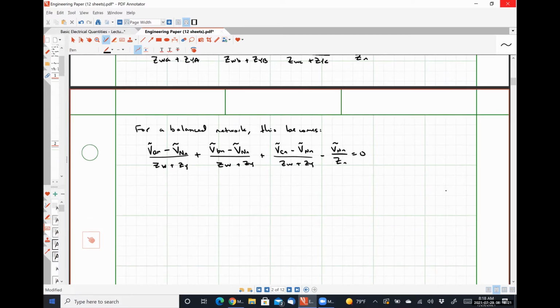And now I'm going to do a small amount of mathematic manipulation here. So I'm going to move all of my capital N, lowercase n subscript terms to the left-hand side, okay? So I would have VNn multiplied by 1 over Zn. So that's from my neutral wire term.